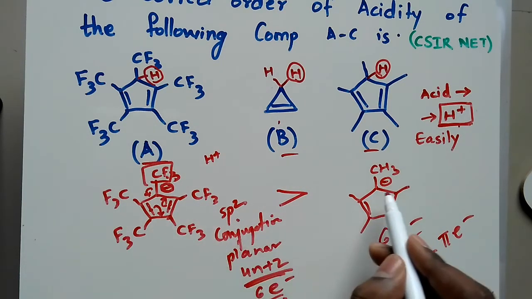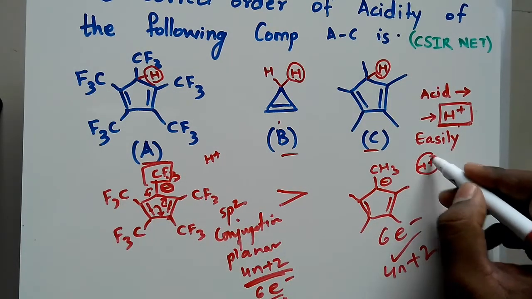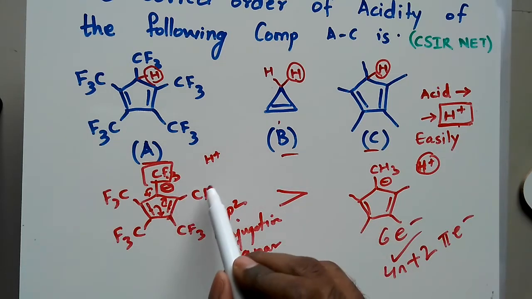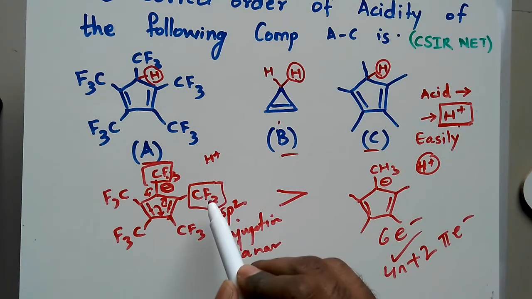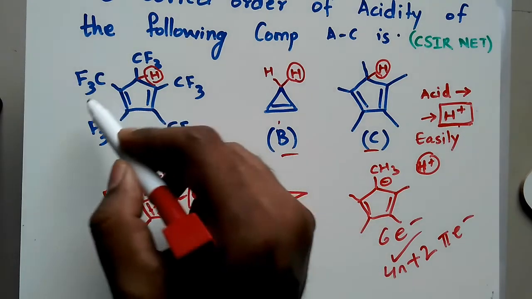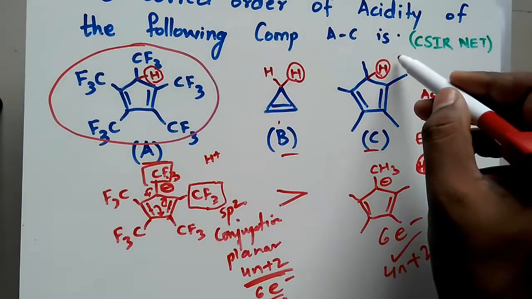Both are aromatic, both will be stable, and they will give H plus ions easily in the water, so both are highly acidic. But in this case, because of the presence of the CF3 group, because it is more electronegative, this one will be more acidic. So this is the most acidic species, followed by this.